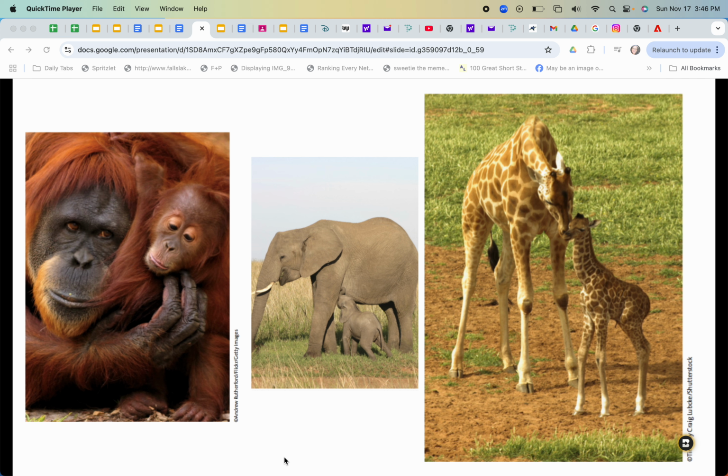And then when you really took a careful look at the details, oh, wait a minute. They all are parent animals caring for, in some way, their young. So the central idea that you came up with for these images was that adult animals take care of their young. So that was a decent central idea.